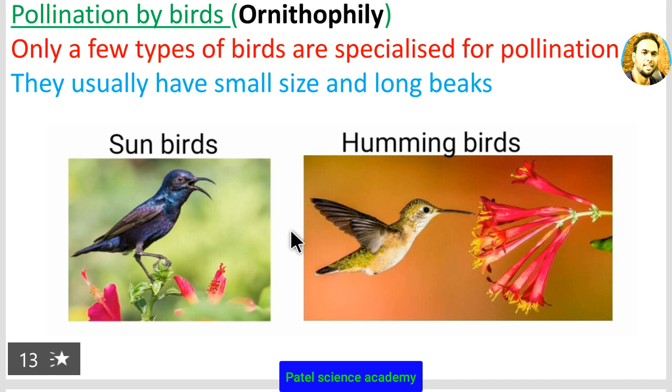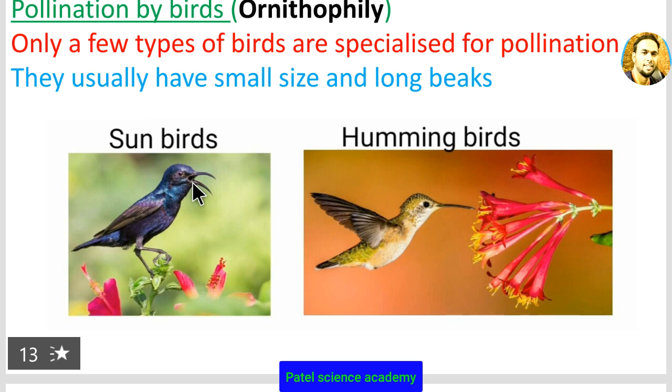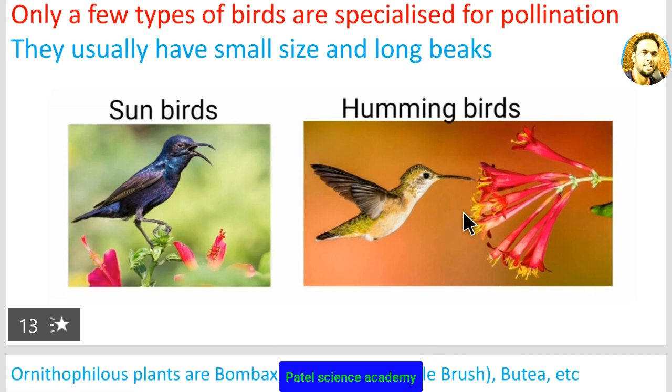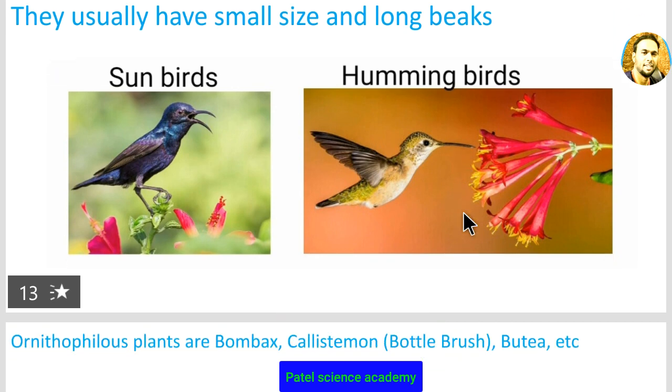They can go for the ornithophily, and for that they do have some adaptation in their body, like their beaks are long. As you can see in the sunbirds, its beak, and in these hummingbirds, which is the most famous picture of the world for the ornithophilous flower.